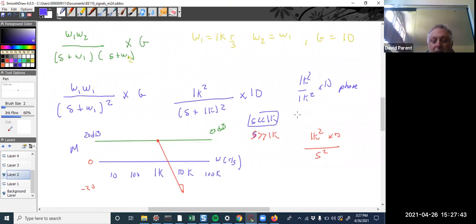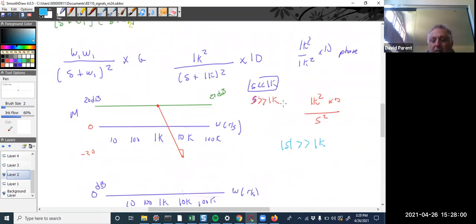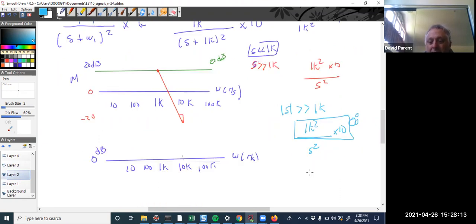Then what about, there's only one breakpoint. So to check the other side, I have the magnitude of S really much, much greater than 1K. And so we get 1K squared over S squared times 10. This is all real. So it's 0 degrees of phase.